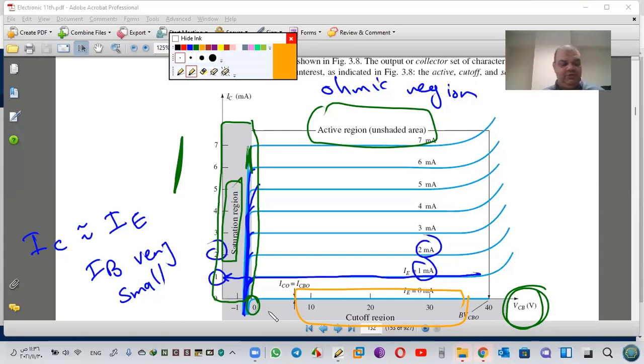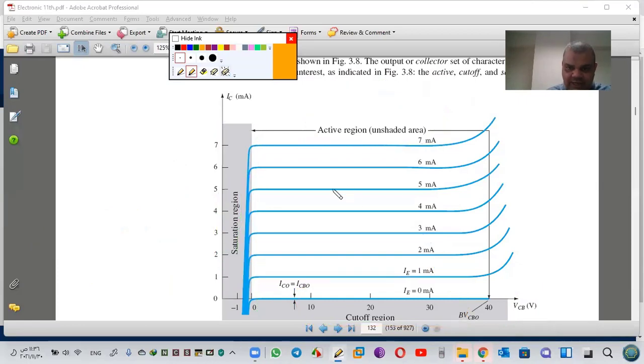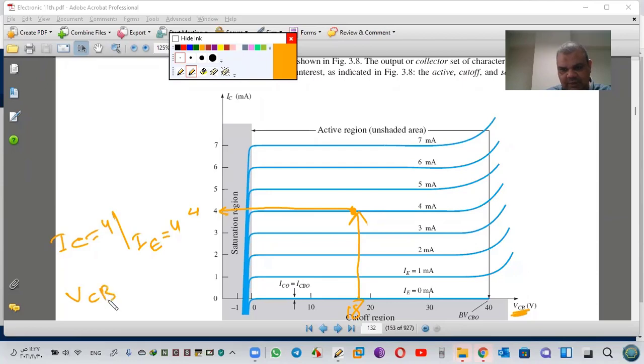If I ask you an example, what is the name of this area? Take, for example, this volt. For VCB it is 18. What is the output current? It is 4. So IC equals 4 when IE equals 4 and VCB is 18. This point, in which area is it?